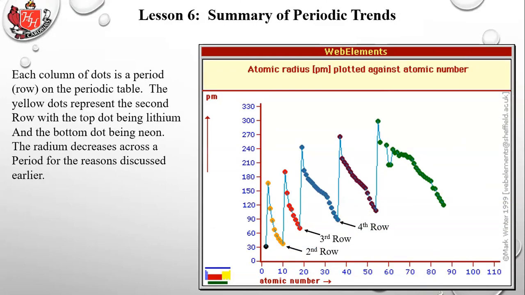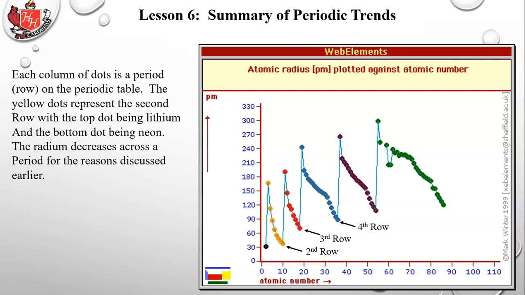Okay, so let's look at this table. This shows the periodic trend for atomic radius. Each column of dots is a period, or row, in the periodic table. The yellow dots represent the second row, with the top dot being lithium and the bottom dot being neon. The radius decreases across the period for the reasons we discussed earlier.